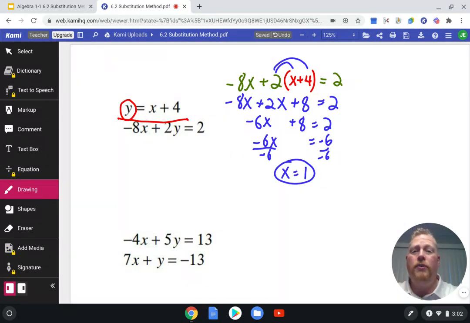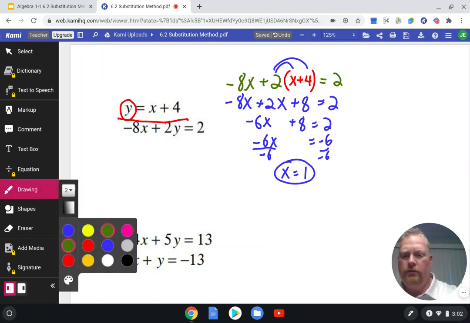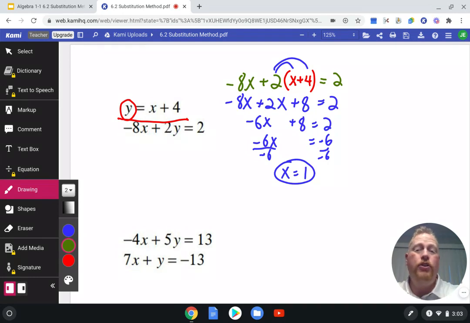Now, last thing I want to do is take that and plug it back into one of the original equations. So I'm going to choose y equals x plus 4. I could use the other one, but y is already by itself, and that's what I'm going to try to solve for in step 4. So y equals x plus 4.